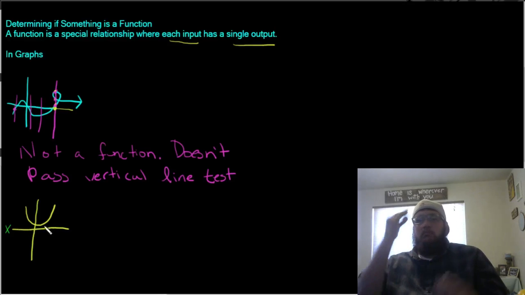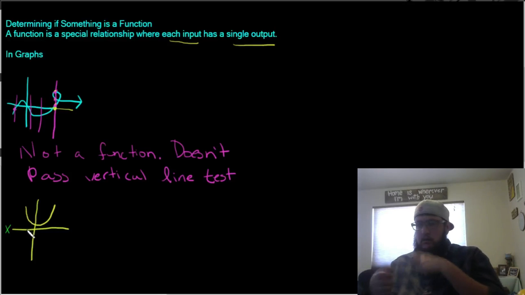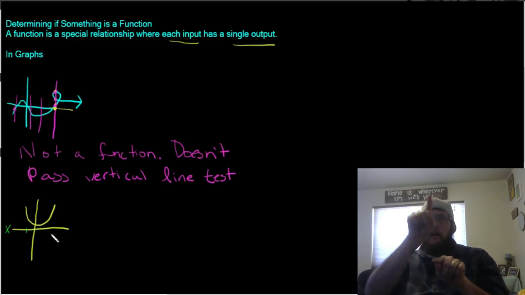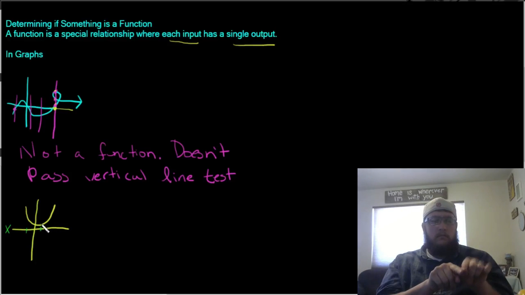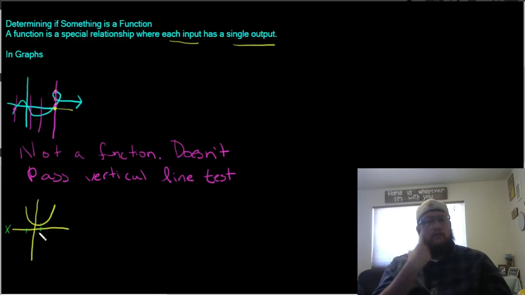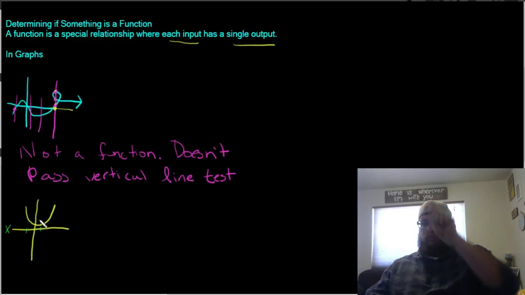And you'll notice that each one of these input values only has one output. If I look at the input here, it only has one output exactly right there. If I look at the input here, its only output is right here. It's not having an output more than one time. So this is a function. So if we do a vertical line test, we can prove that each time we draw a line, we're only going to intersect with this function a single time.